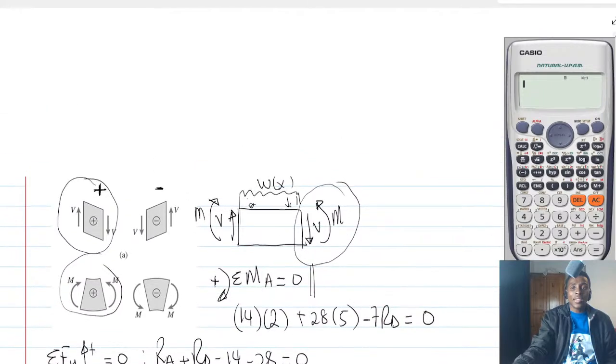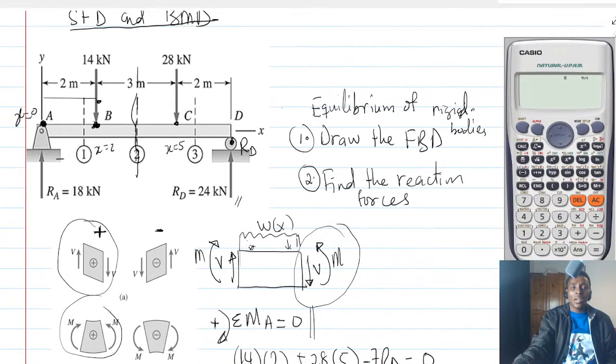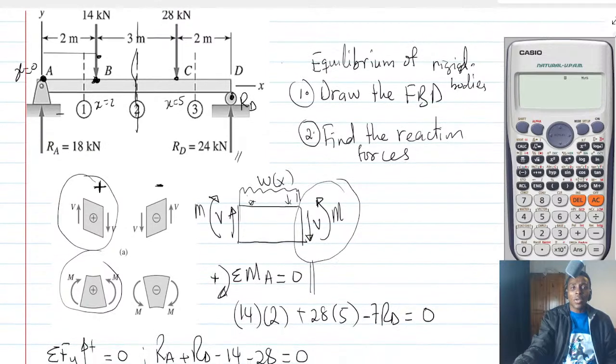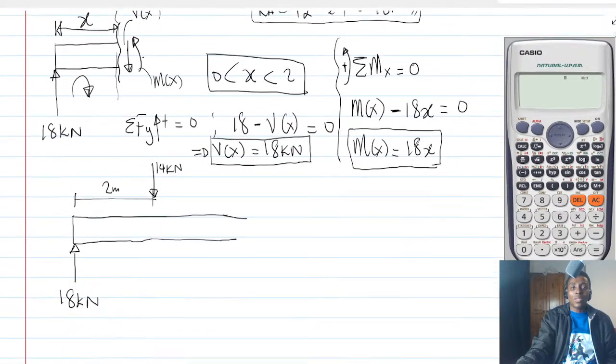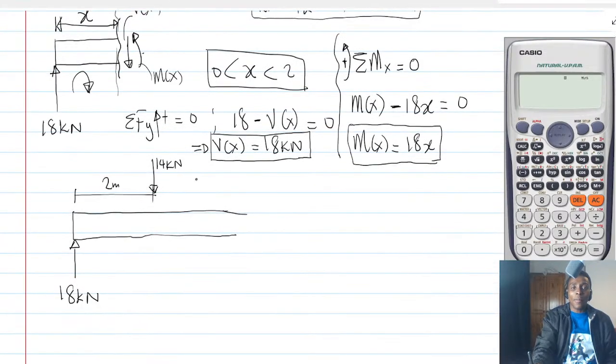Alright. And then between 14 and then what? 28. Okay. So now this one we don't know. But we know that we have taken a section here. Okay. So let's call the distance from here to here x because we don't know.